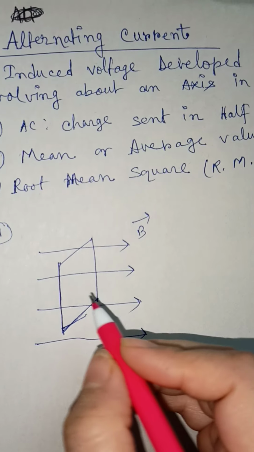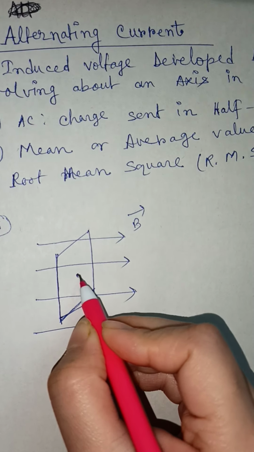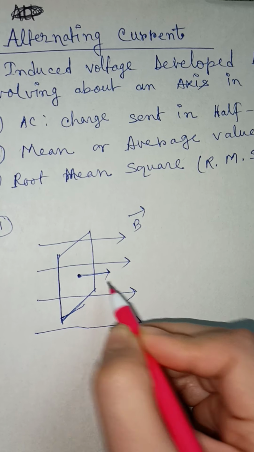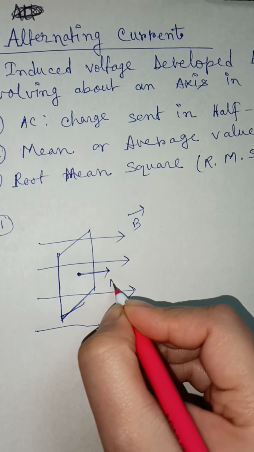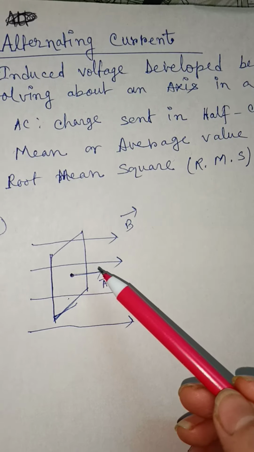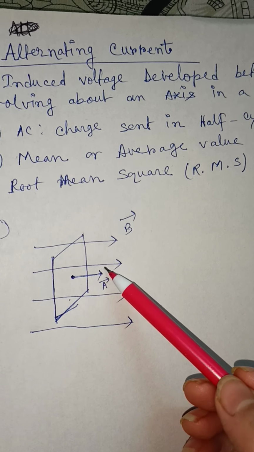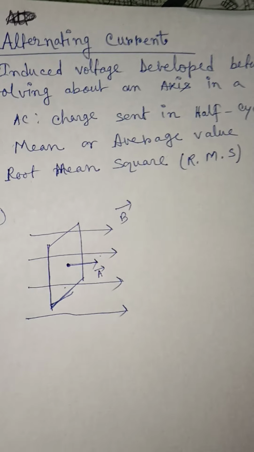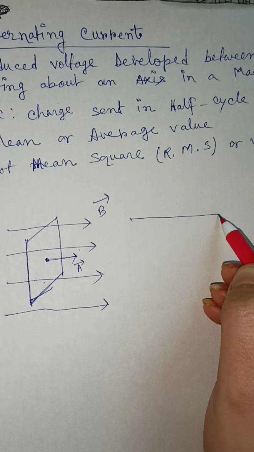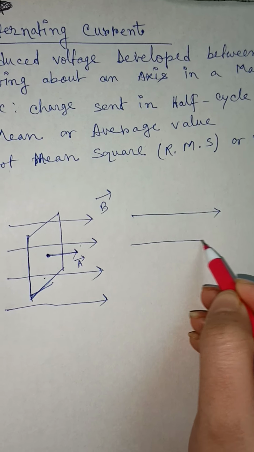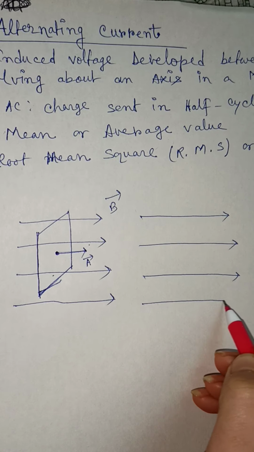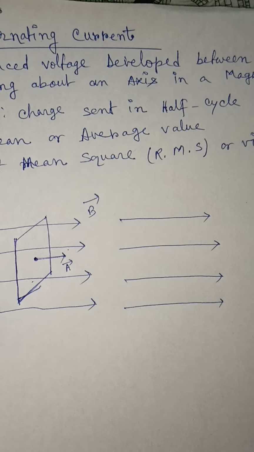And suppose initially this is the area vector of this loop. So just look at here, if this is the area vector of this loop, then initially the loop makes 0-degree angle with the magnetic field, right? Let us assume that in a time t the loop rotates by theta angle.